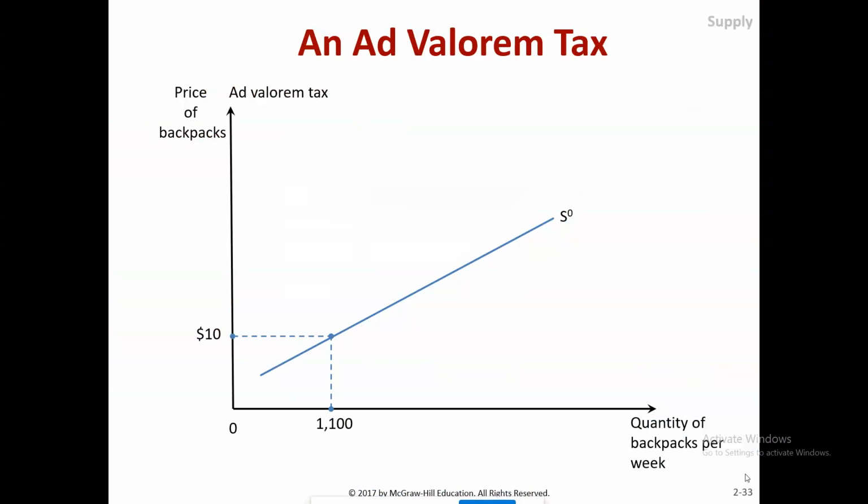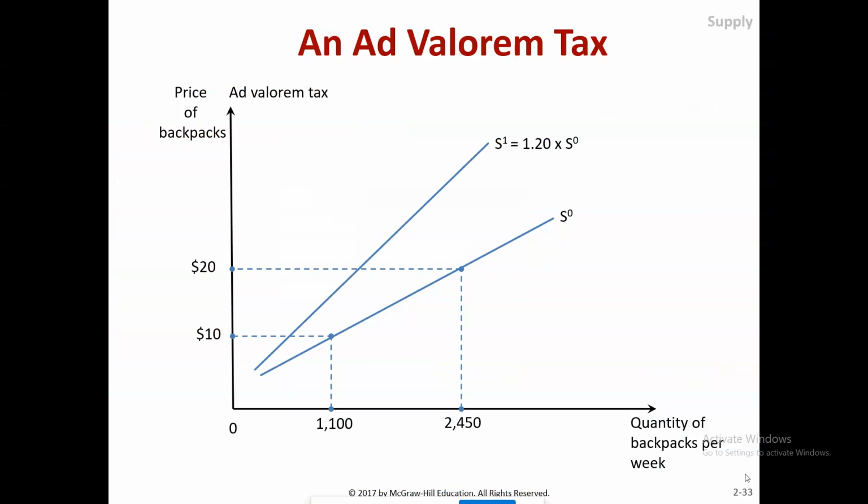So at $10, the quantity supplied, for example, of backpacks per week is 1,100. At $20, the quantity supplied is 2,450.